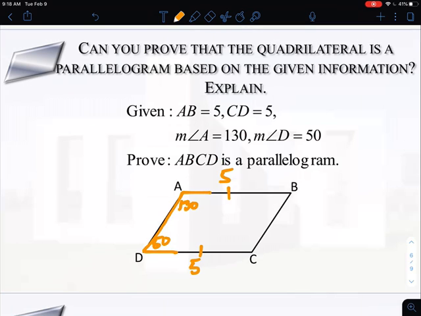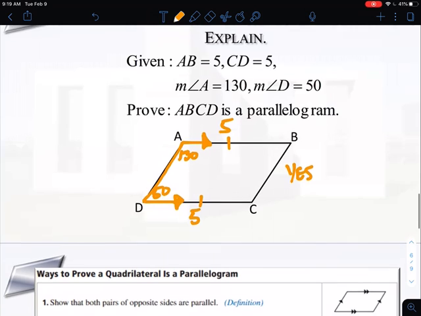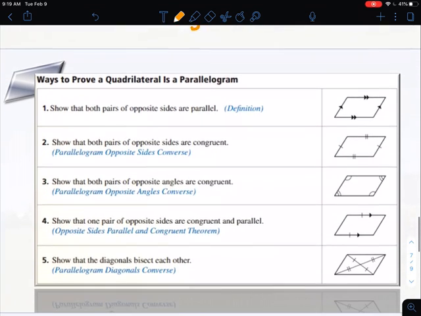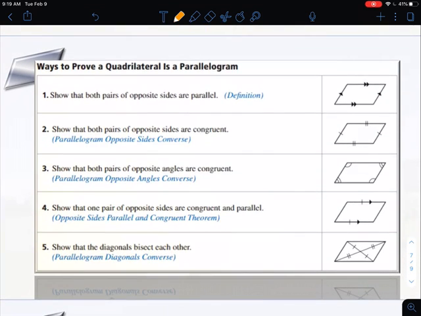The other thing that it tells us, though, is that these consecutive angles add up to 180, which means that the side on the bottom is parallel to the side on the top. And so what ends up happening here is we have congruent and parallel on the same set of sides. So yes, this would be a parallelogram.